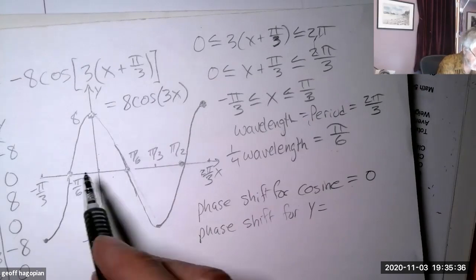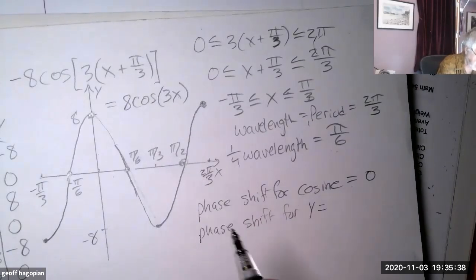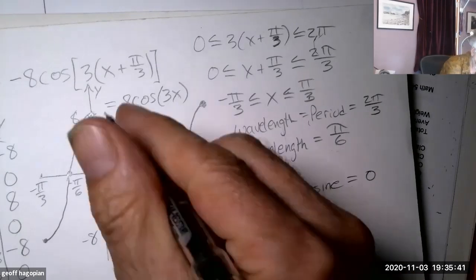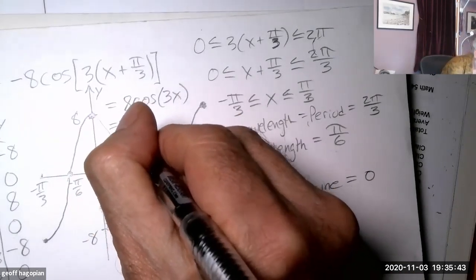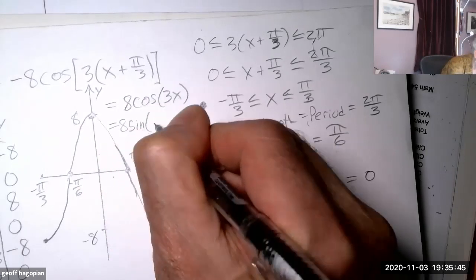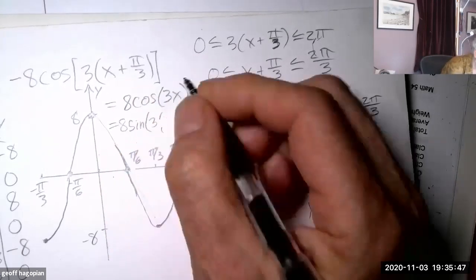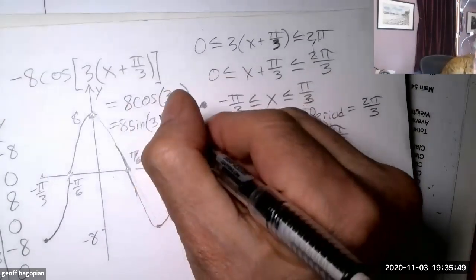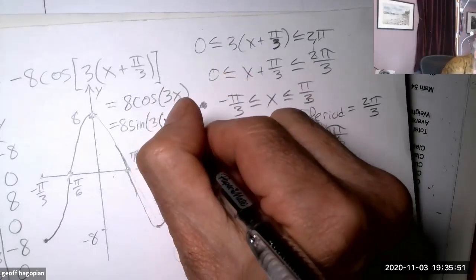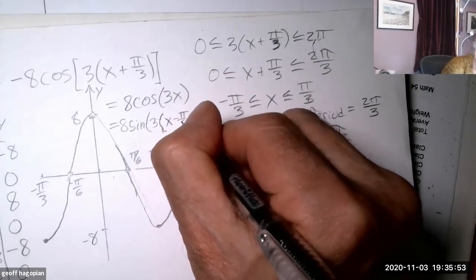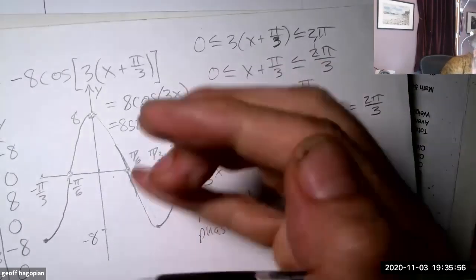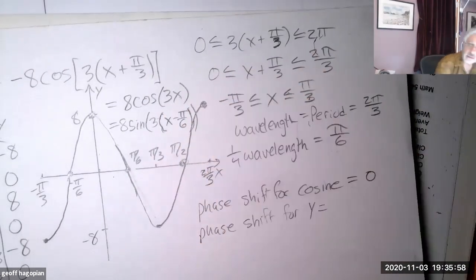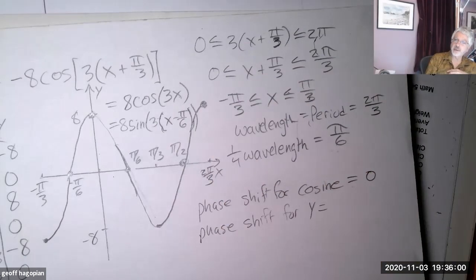It started at equilibrium and ended at equilibrium. And so another way of writing this thing is 8 times the sine of 3 times, whoops, 3 times x minus pi over 6. Darn it.